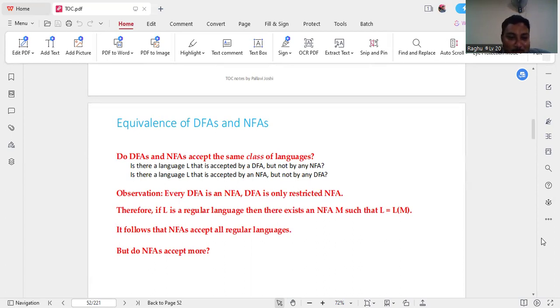No, we can't convert DFA to NFA. Why? Because in a DFA there is a single path from the current state on the current input, whereas in an NFA there is more than one path from the current state on the current input. That's why you can't convert DFA to NFA, but you can convert NFA to DFA.